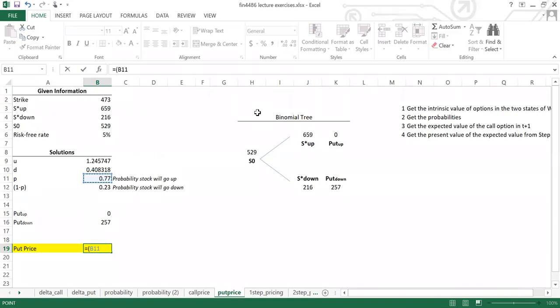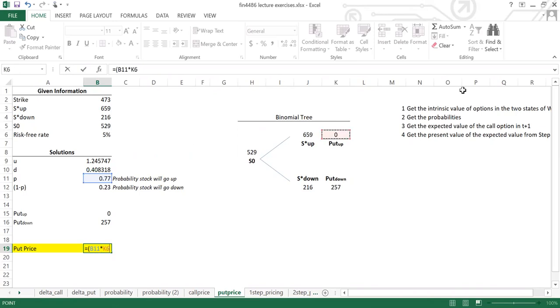Therefore, our put option is in the good state of the world for the stock, but that is a bad thing for a put option, because in the good state of the world for a stock, you do not make money with a put option, right? So we multiply this by the value of the put in that good state of the world for the stock. The stock is going up in value, so the put option is going down in value.